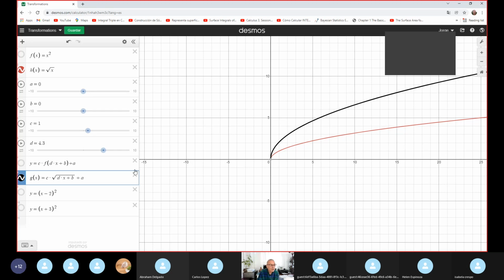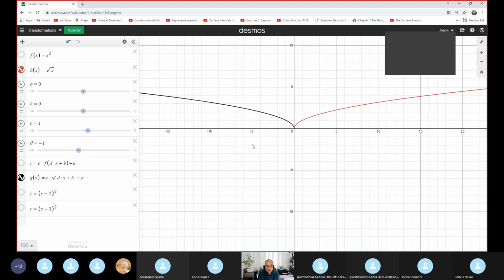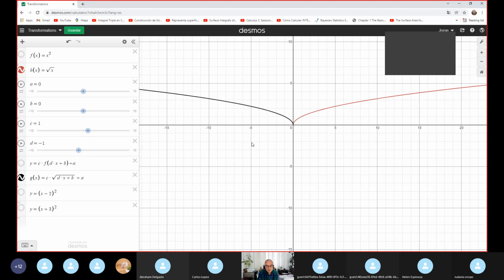However, if D is less than 1, in my opinion, it's clear to see that. Look, 0.7, 0.4 is horizontal stretch. Compare this point, for example, on the same line, this point is stretched. And if D is negative, specifically -1, it is a perfect reflection with respect to the y-axis.